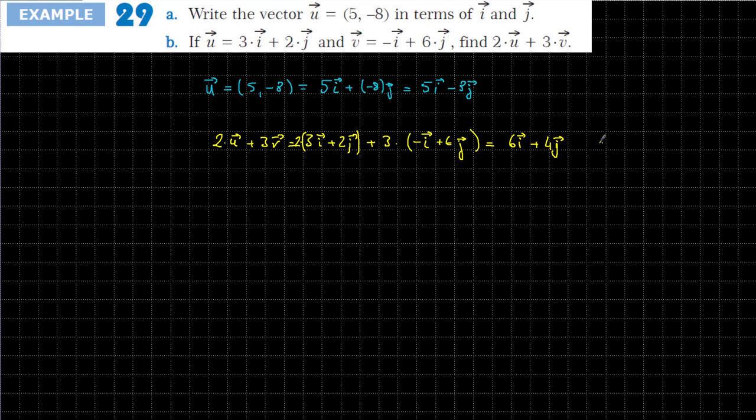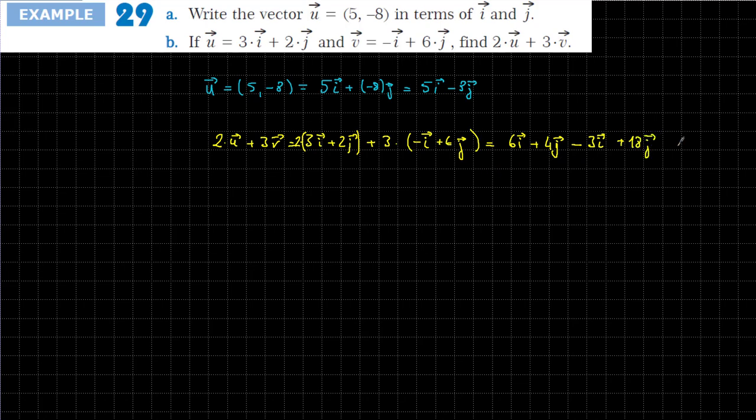And we are going to multiply, and we are going to use the signs also. 3 times minus i is equal to minus 3i vector, and plus times plus is plus, 3 times 6 is equal to 18j vector.